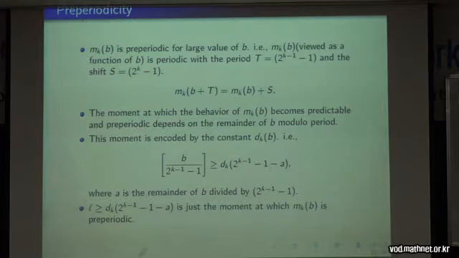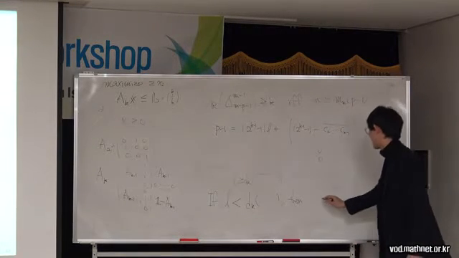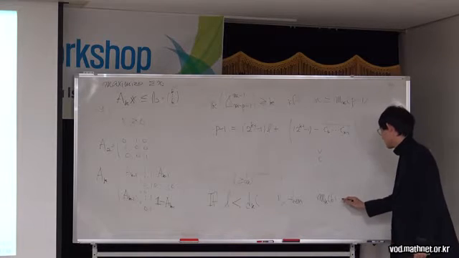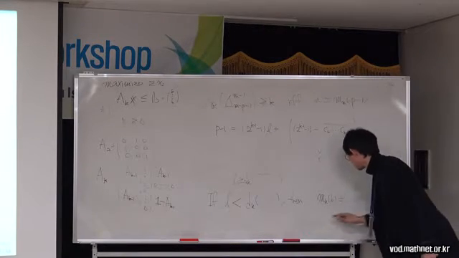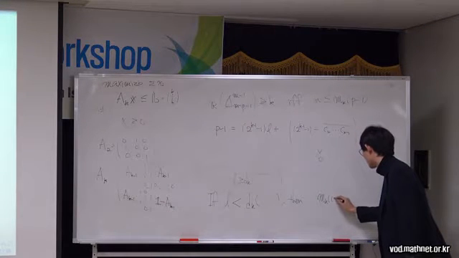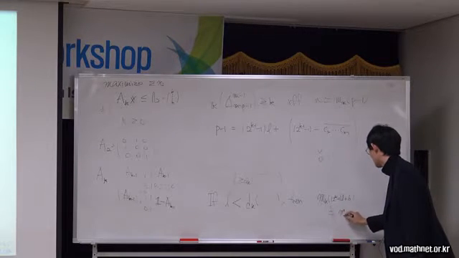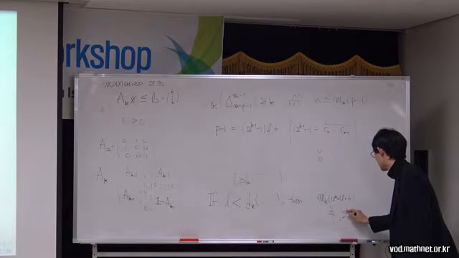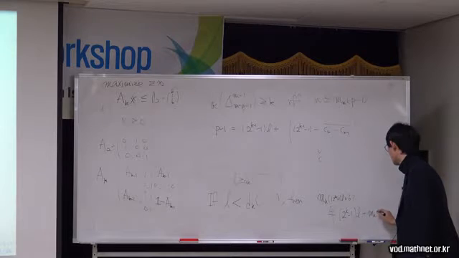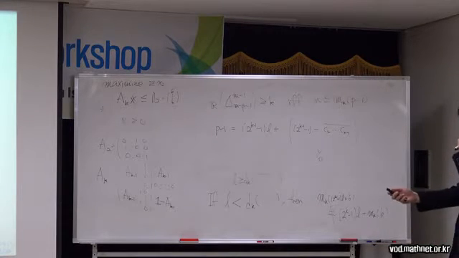So that means if L is less than the decay of this, then m_k(B) is no more equal to some nice formula.